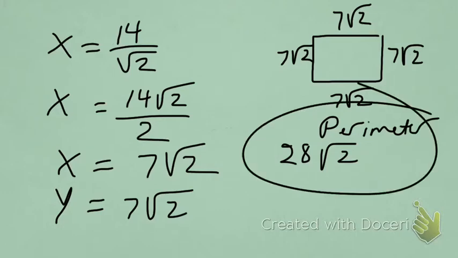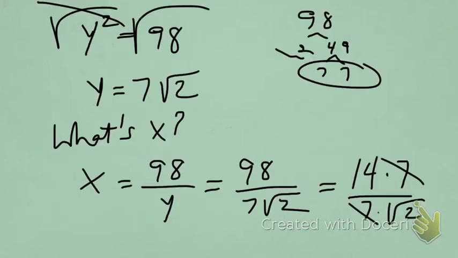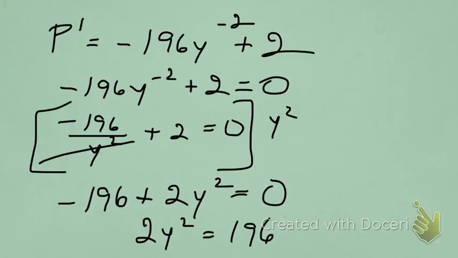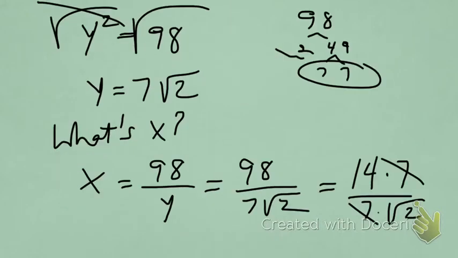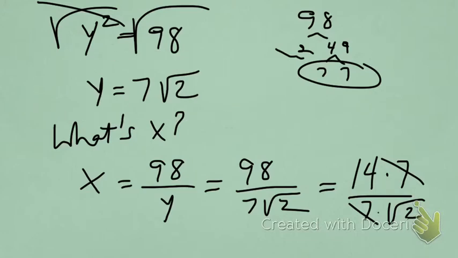Well, a question could be, is this really a minimum? To find out, we would look back to our critical number. Our critical number came when we set our derivative equal to 0. And upon setting it equal to 0 and solving, we got y was 7 square roots of 2. Okay.